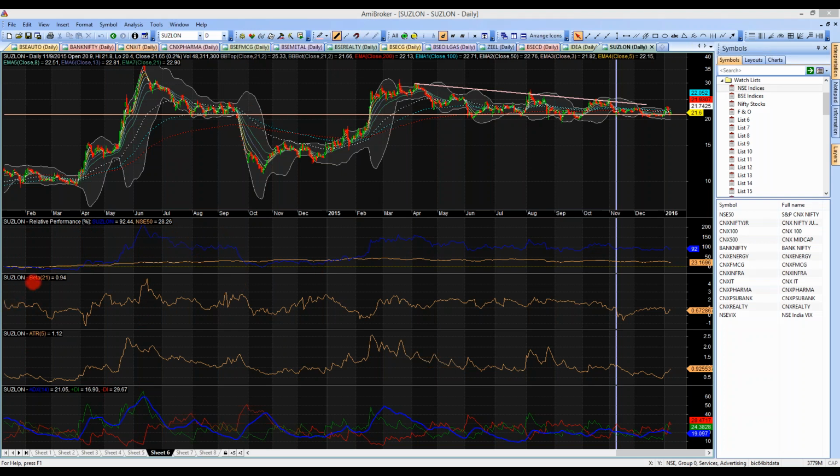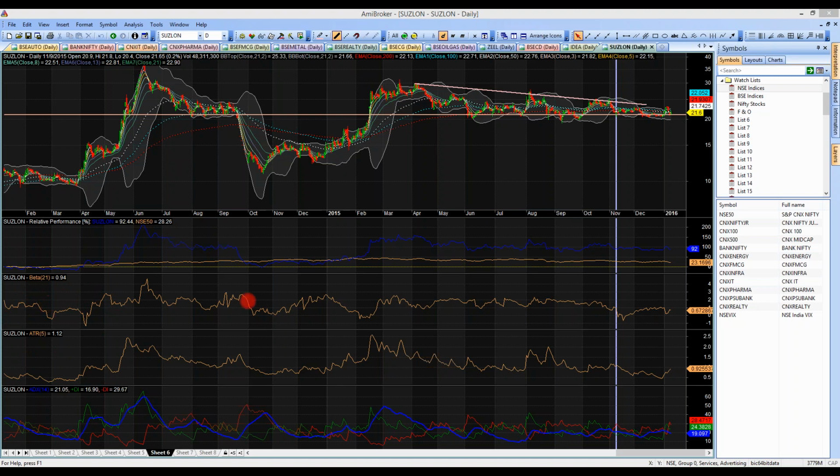Then we've got beta, and it's a 21 period beta. Beta is how the stock is behaving compared to any other security, and here I've programmed it to compare it with the Nifty again. 21 period beta is probably a little on the extended side, but I've set this because I am looking at positional stuff.